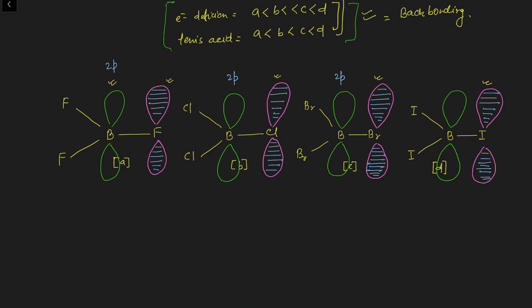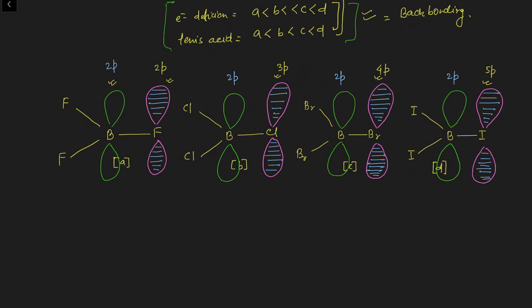In all boron halides, boron has an empty 2p orbital. But now check the state of the p orbital of the halogen atom. For fluorine, this is the 2p orbital. For chlorine, this is the 3p orbital having one pair of electrons. This is the 4p orbital for bromine, and this is the 5p orbital for iodine.